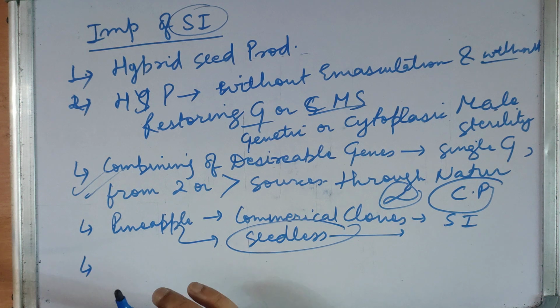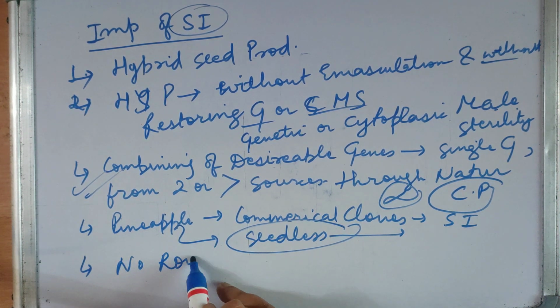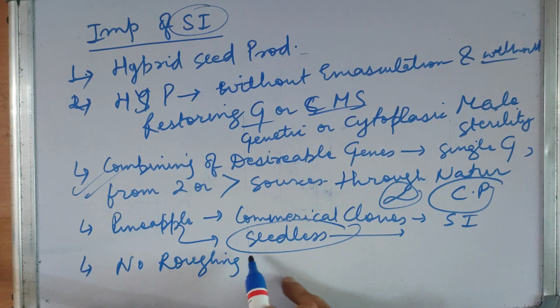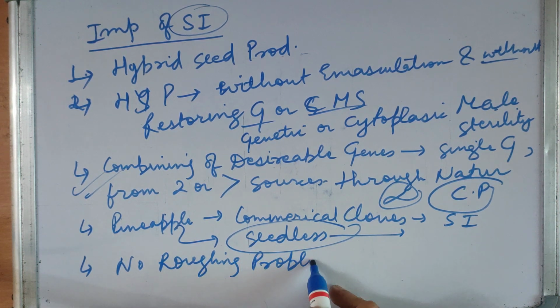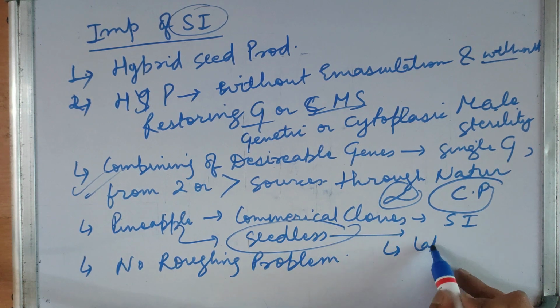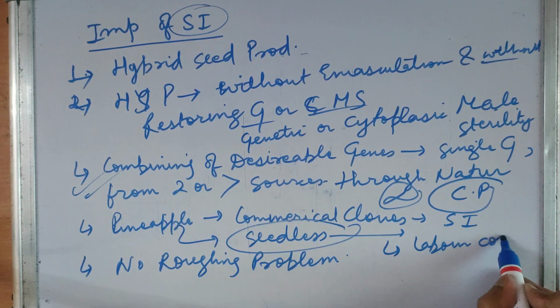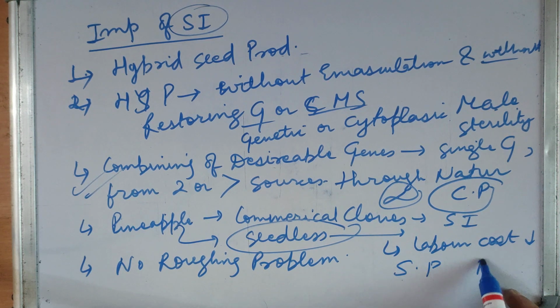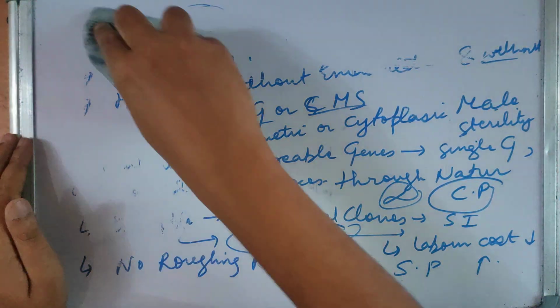There is no rogueing problem in self-incompatible lines. Here the labor cost is less and seed production is more. So these are the importance of self-incompatibility. Hope you understand it.